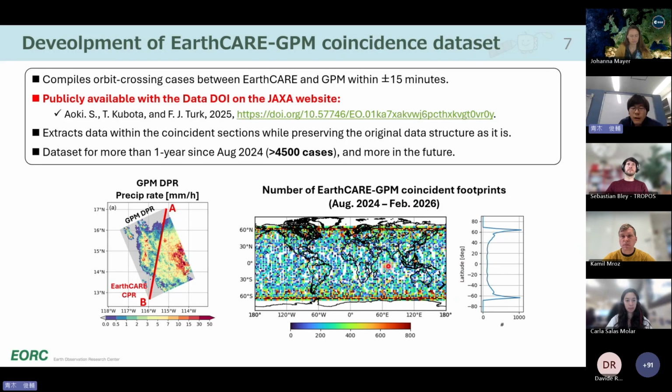The cases are concentrated around 60-degree latitude, which is because of the orbital feature of the satellites, but we are gradually achieving broader coverage, including the tropics.